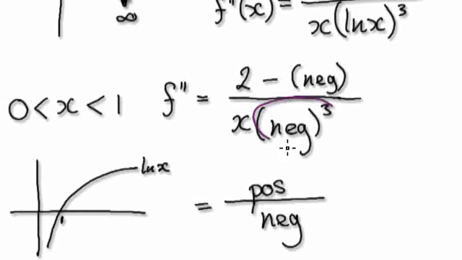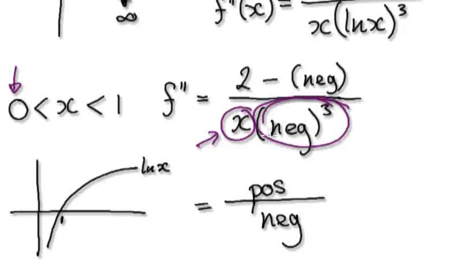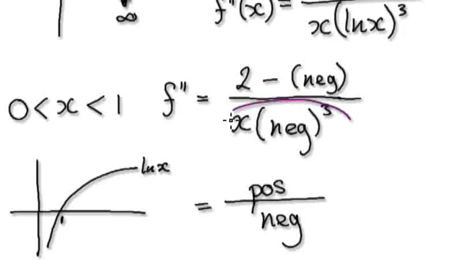Don't forget x is positive, because x is in between 0 and 1. So this x here is positive, times this thing here which overall will be a negative. So this whole thing here will be a negative number.